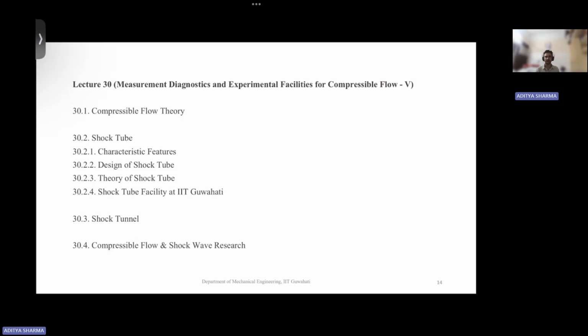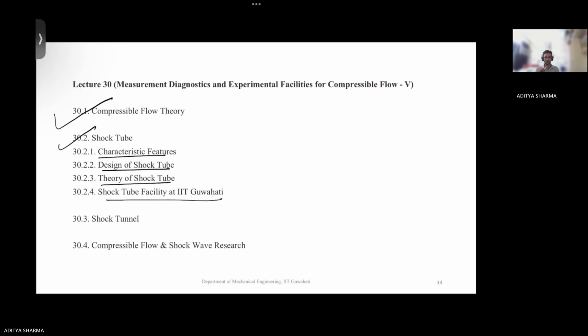Then lecture number 30 is there. In lecture number 30, we start with compressible flow theory: normal shocks, oblique shocks, expansion waves. All this has been revised again in a few slides. Then comes the shock tube, its characteristic features, design of shock tube, theory of shock tube, and shock tubes available at IIT Guwahati. I personally work with the shock tubes in the facilities available here.